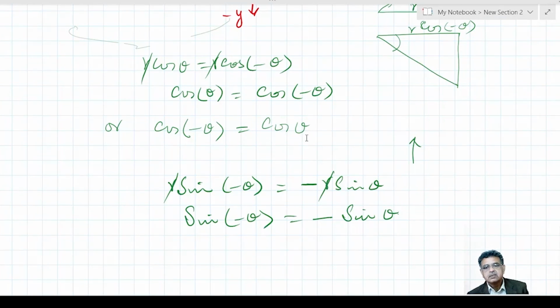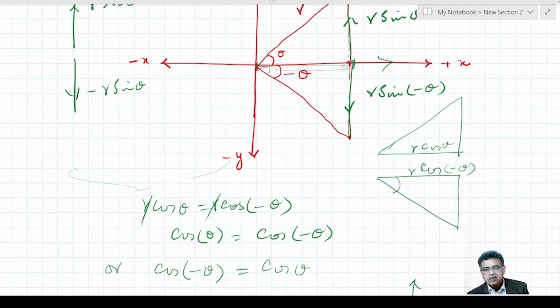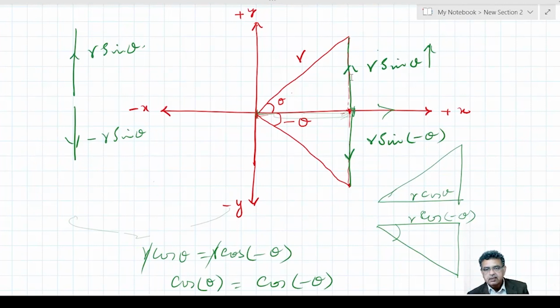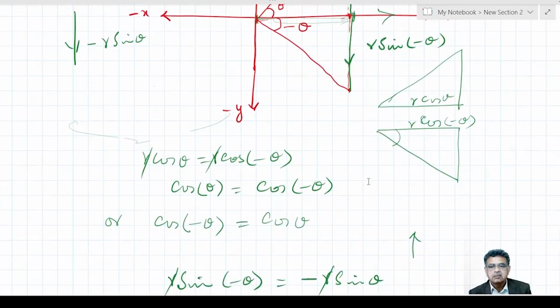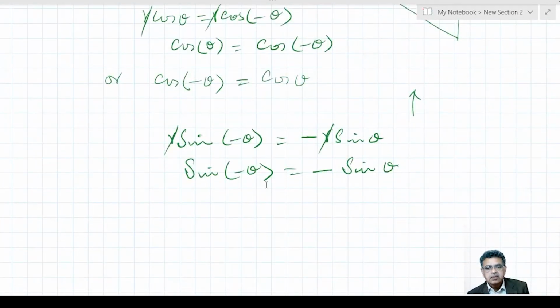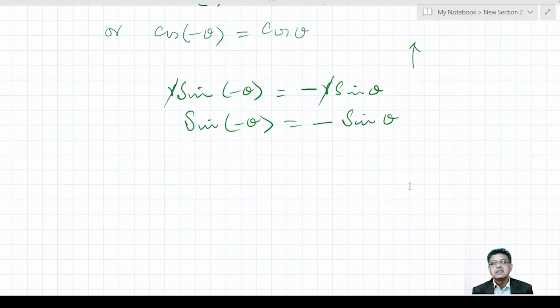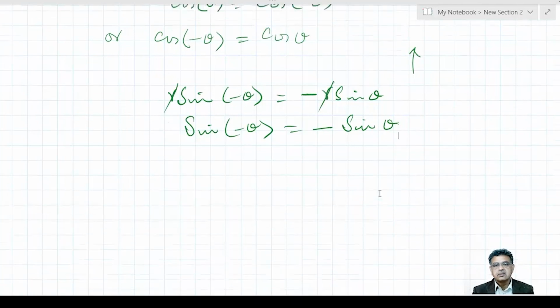This is not equal to minus cos theta. And the reason is that cos theta and cos minus theta are in the same direction. Here there is difference of direction, whereas length is same. Whatever is the length upwards, it is of the same length downwards. So lengths are same, but direction is different. For that reason, sine minus theta will be equal to minus sine theta. Direction is changed. For cos theta, direction does not change, so cos minus theta and cos theta have same value, but sine does not.